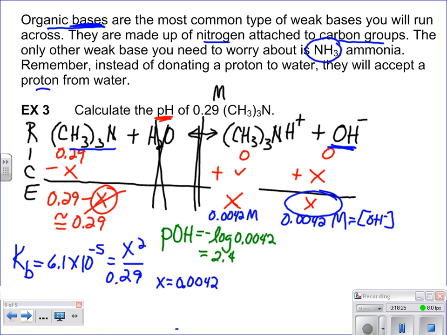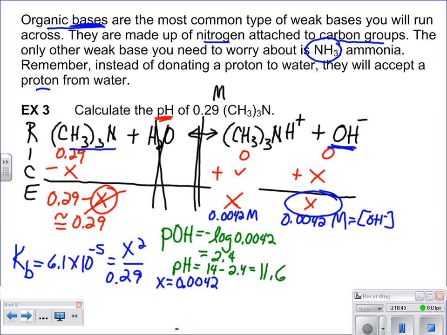So now you can easily say pH is equal to 14 minus 2.4, which gives us 11.6. And in fact, that's all it asks for. It doesn't even ask for a percent dissociation or anything. So we were really done at this point.